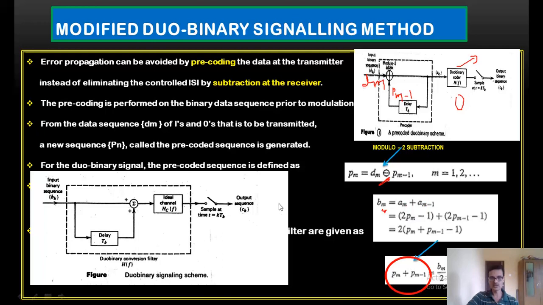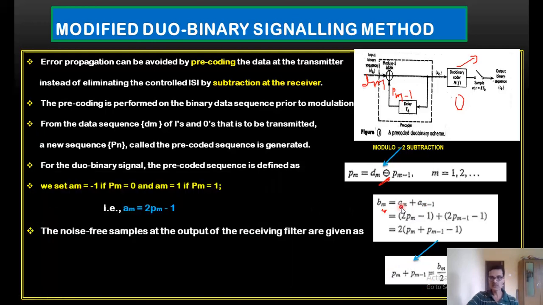What is AM? AM is nothing but 2 PM minus 1. So 2 PM minus 1 plus AM minus 1 is nothing but 2 times PM plus PM minus 1 minus 1, right? So that is BM. The output of the DuoBinary coder is nothing but 2 into PM plus PM minus 1 minus 1. So I have substituted AM and AM minus 1 from this equation.